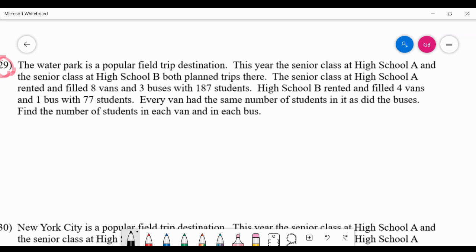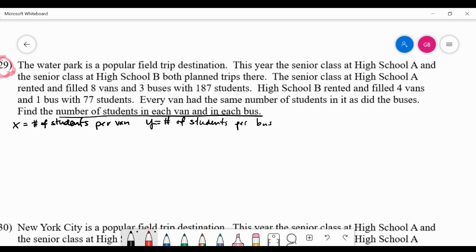So our unknowns, it's right here. x could equal the number of students per van. y could be the number of students per bus. Okay, now let's create equations.